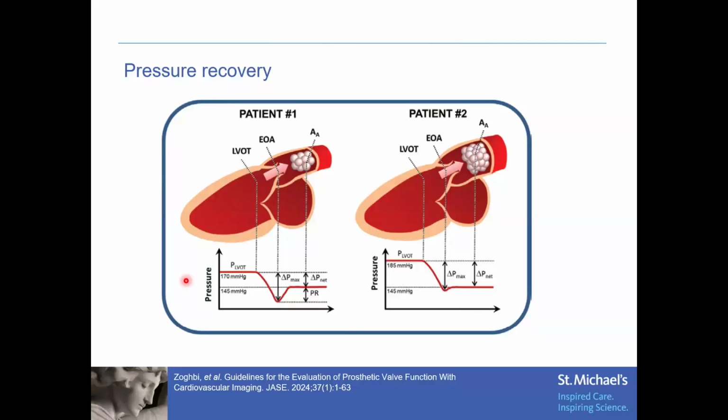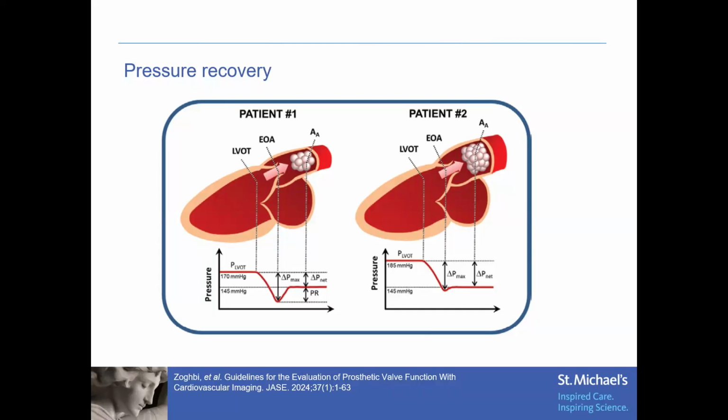And so when you look at the actual pressure as it passes across the valve, the pressure in the LVOT drops based on the gradient across the valve, all the way down to, let's say, about 170 to 145, so about 35 or so. But that gradient is then recovered. Some of that pressure is recovered distal to the prosthetic valve in the patient with the small aorta, whereas in the patient with the large aorta, that pressure is not really recovered to the same extent.